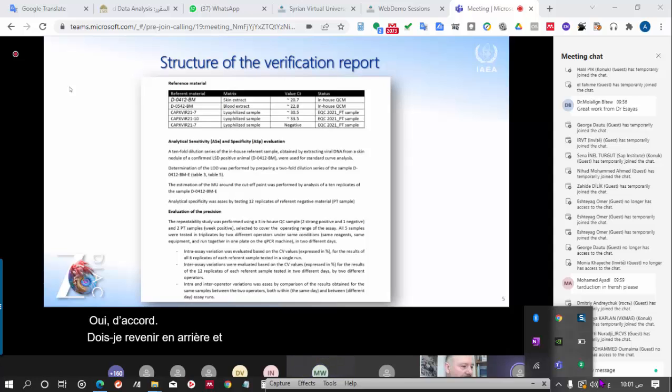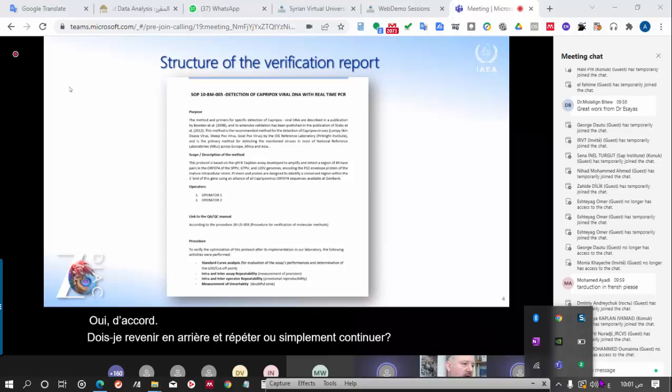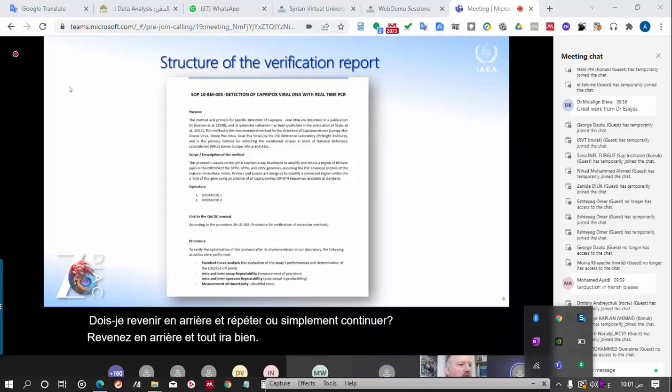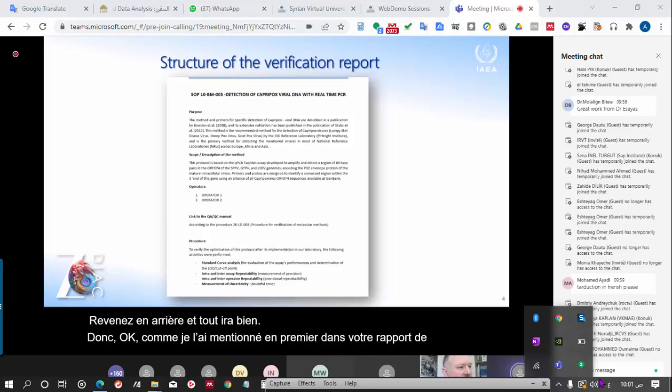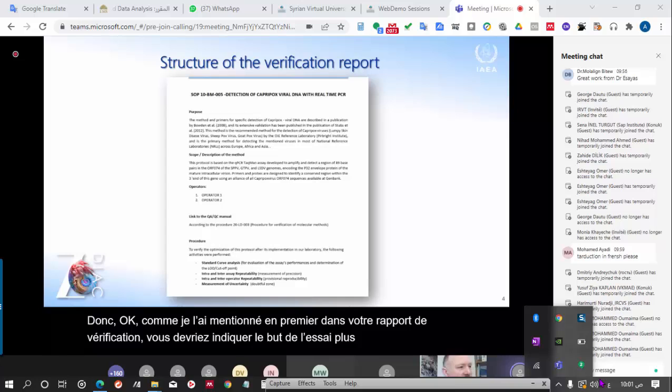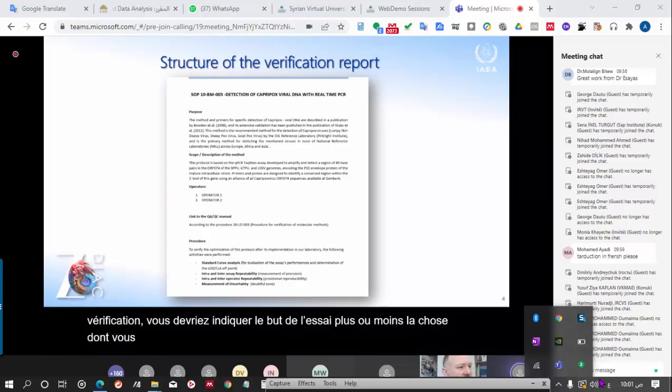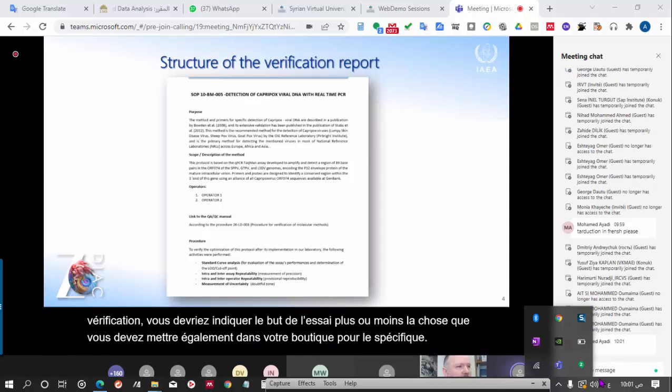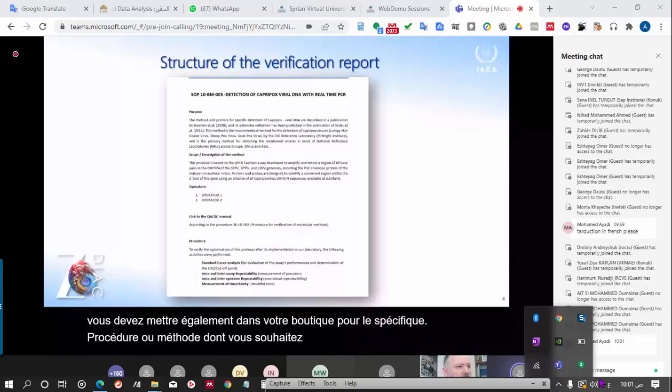Well, go back a little bit. Okay. As I mentioned, first, in your verification report, you should state the purpose of the assay, more or less the thing that you need to put also in your SOP, the specific procedure or method that you want to verify. Then the scope of the method and the description of the method.